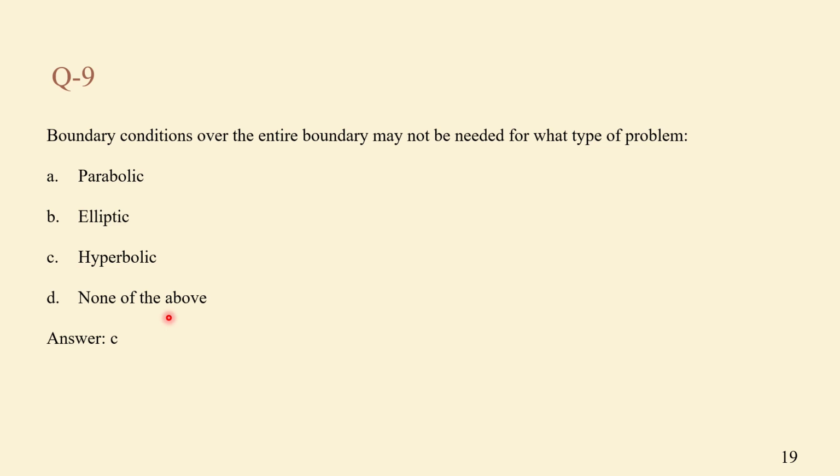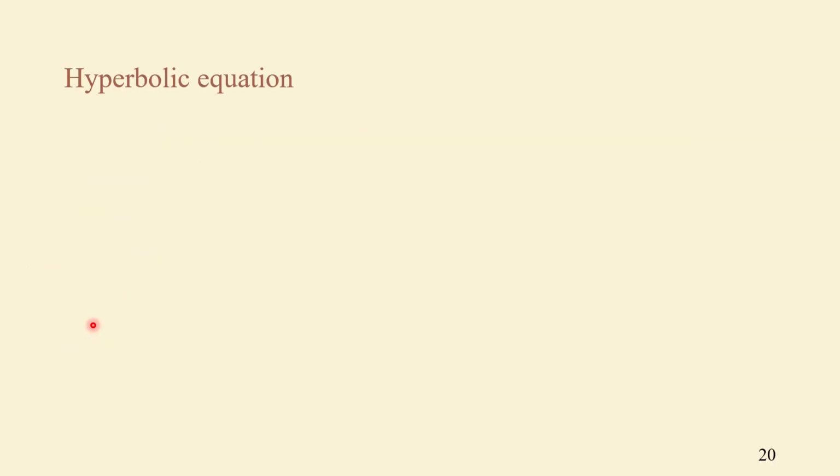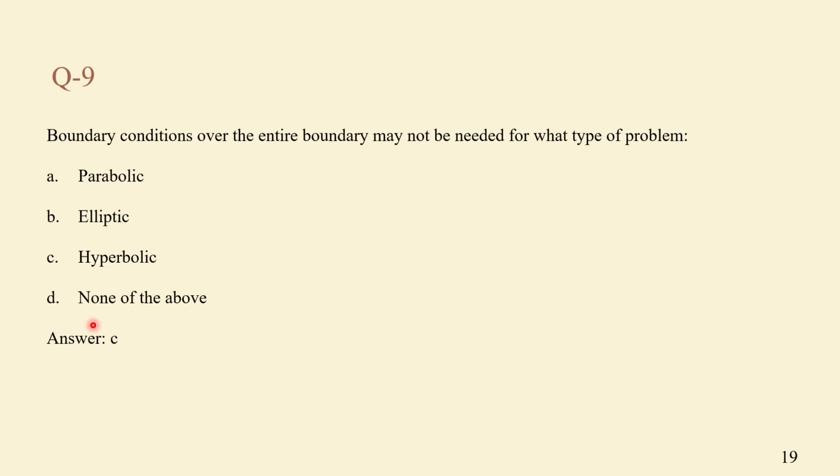We'll see more about this in the further slides. So boundary conditions over the entire boundary may not be needed for hyperbolic equations. First we'll see what these equations are and why it is not required.